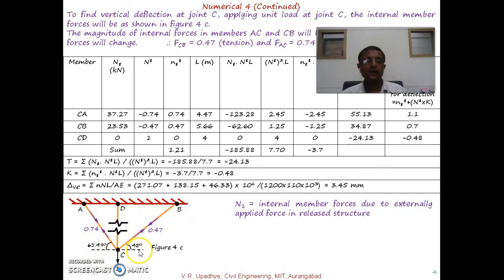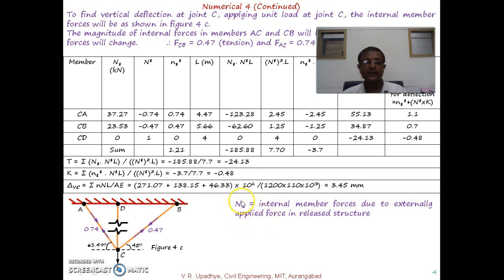You need to remember that this capital N1 over here in the second column stands for internal member forces due to externally applied force in the released structure. It is not in the actual structure. The actual structure may be statically indeterminate, internally indeterminate or externally indeterminate.